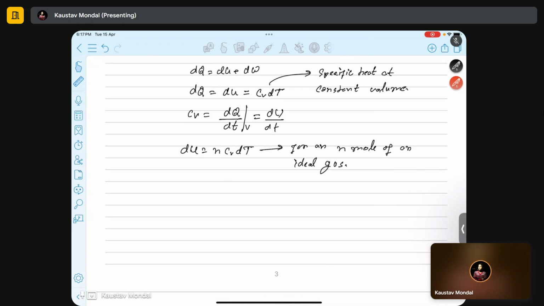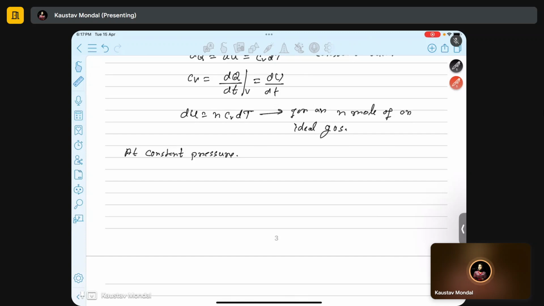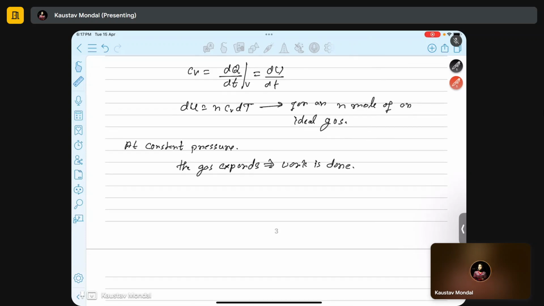Now at constant pressure, the gas expands, and that expansion is the work done. Here dq is du plus pdV.